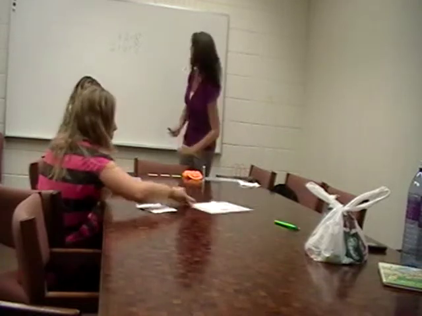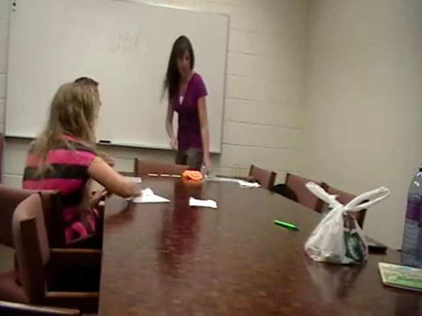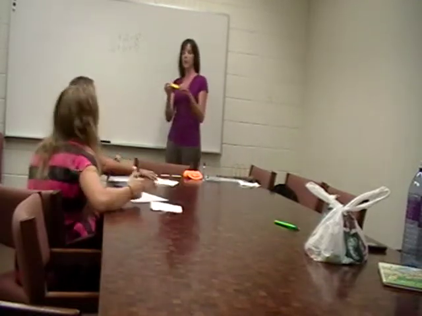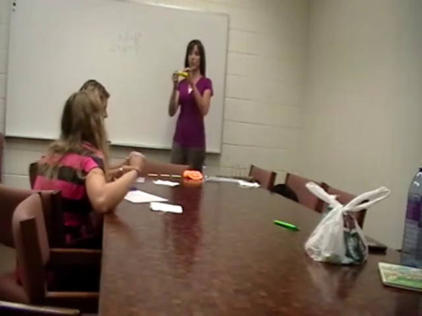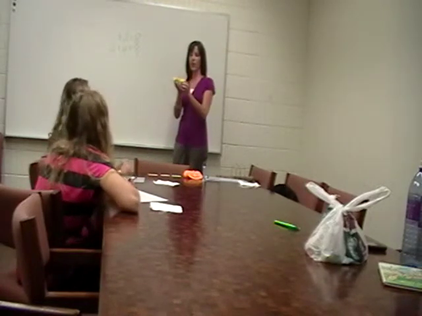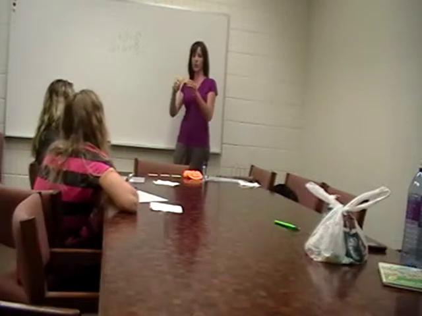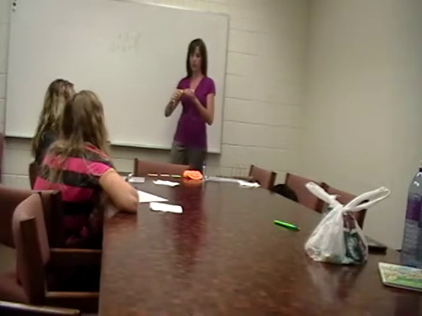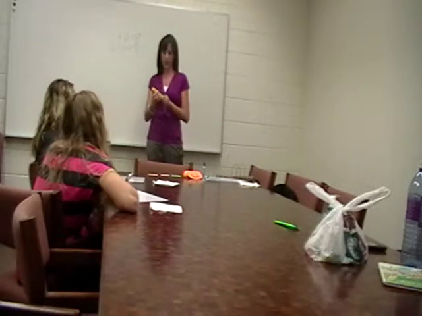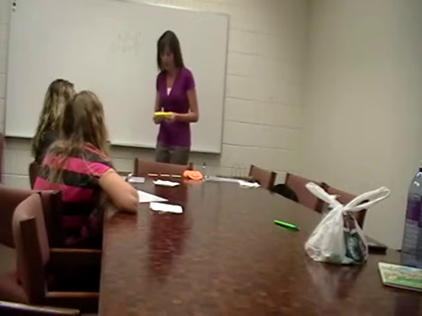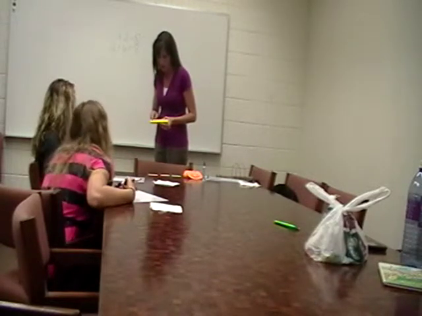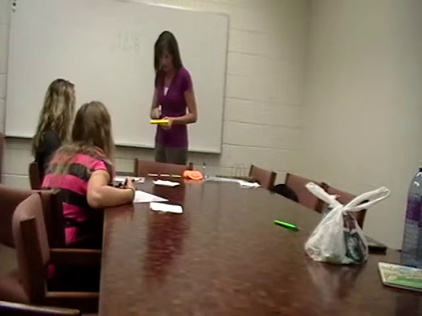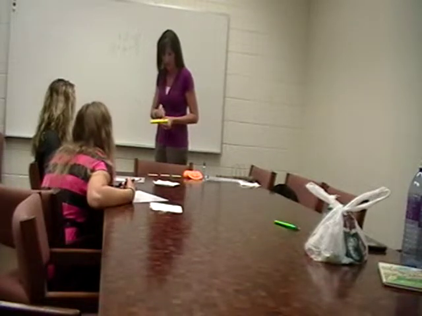All right, so what we're going to do, I'm going to give you a whiteboard. Actually before I do that, I want to show you really quick too. So say that we had 6 cubes and we added 2 more. We would have, let's count them together. 1, 2, 3, 4, 5, 6, 7, 8.